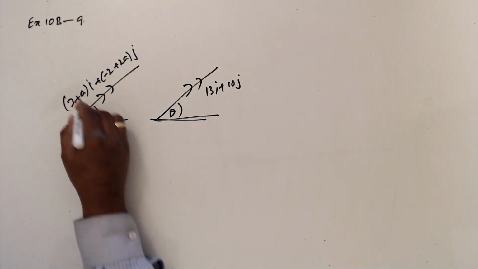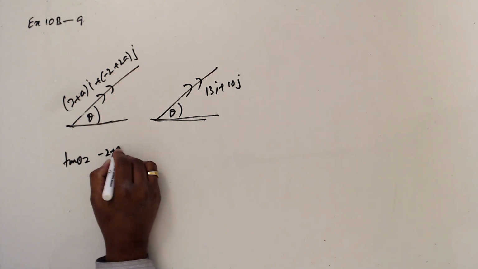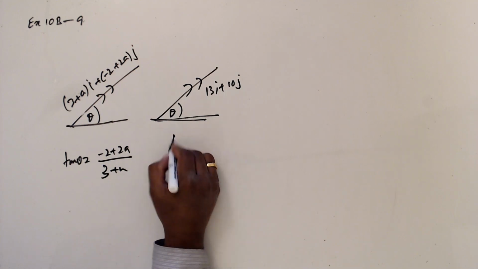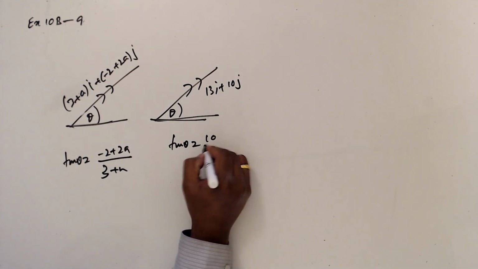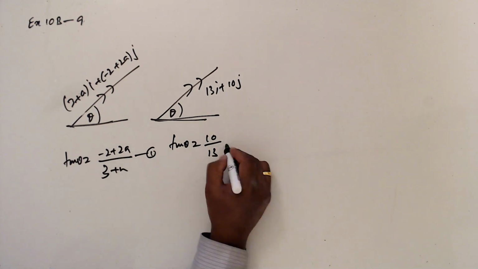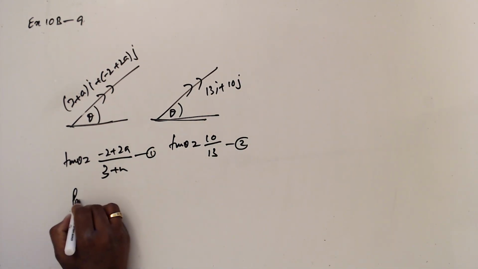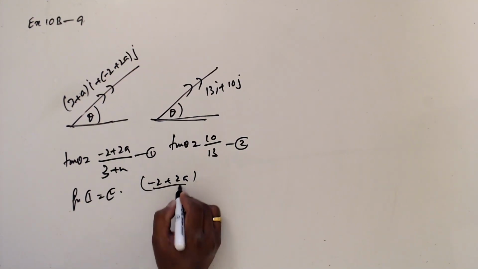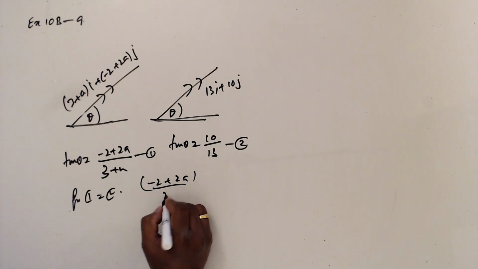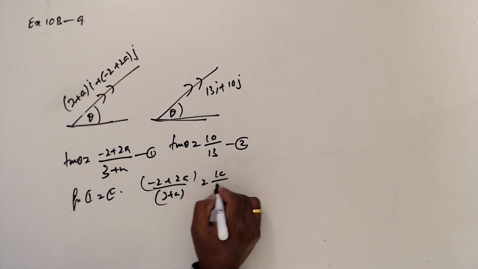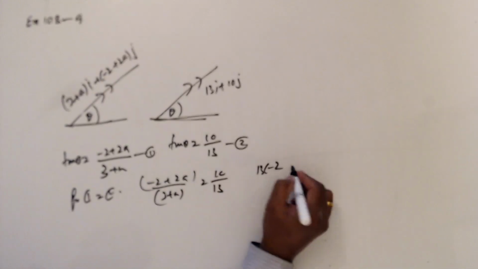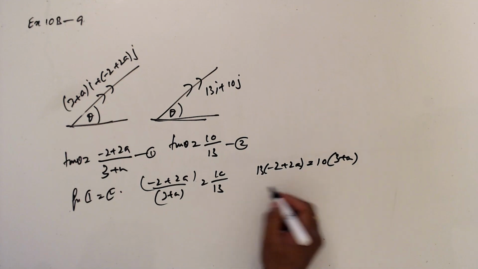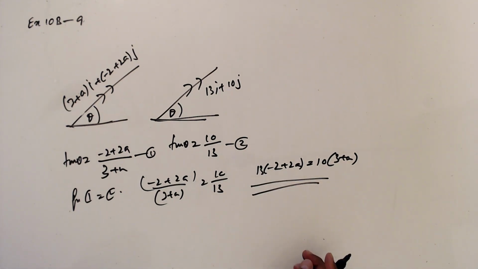So tan theta equals (minus 2 plus 2a) divided by (3 plus a), and again tan theta equals 10 divided by 13. So this has to be equal: (minus 2 plus 2a) over (3 plus a) equals 10 over 13. So 13 times (minus 2 plus 2a) equals 10 times (3 plus a). Then also you can work out the a value.